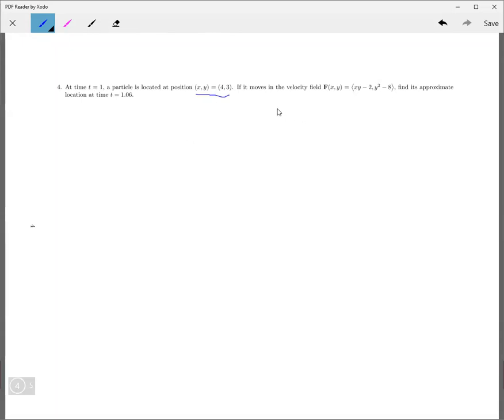So if we calculate f of 4,3, we will find the direction and the speed, this would be the velocity vector of any particle located at this point.